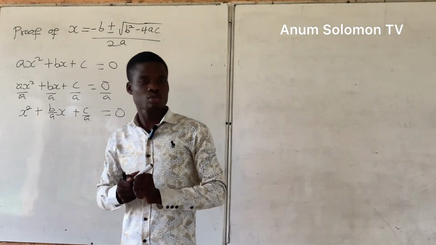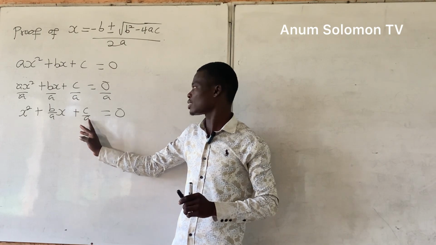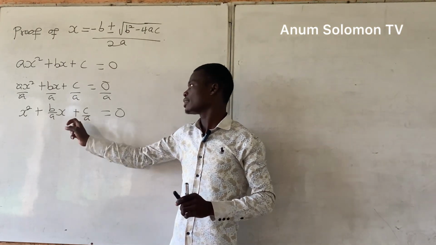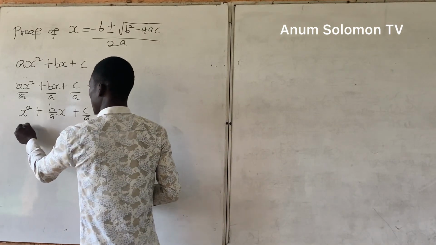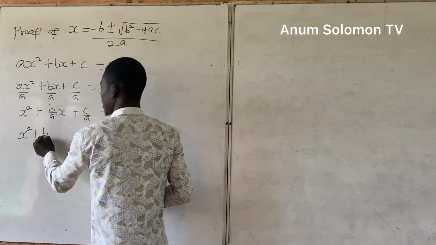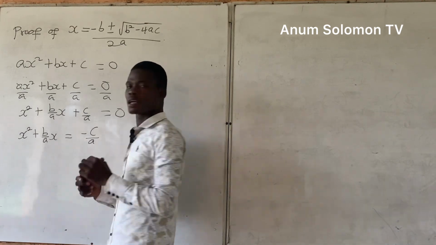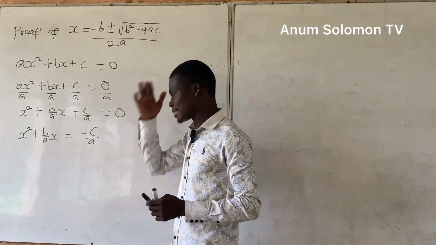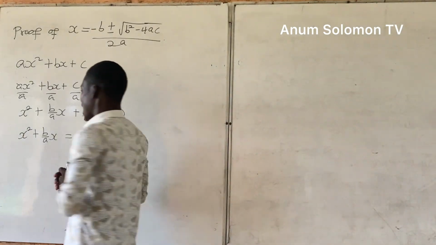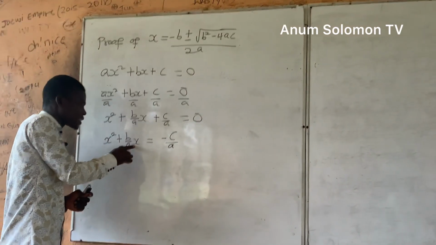The second thing to do is to send the constant, which is not in terms of any variable, which is x, to this side. So we have x squared plus b over a x is equal to minus c over a. After sending the constant to this side, find half of the coefficient of x.